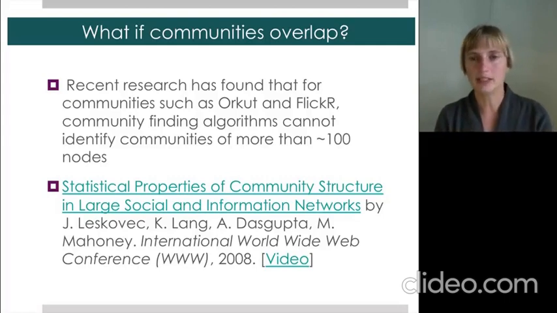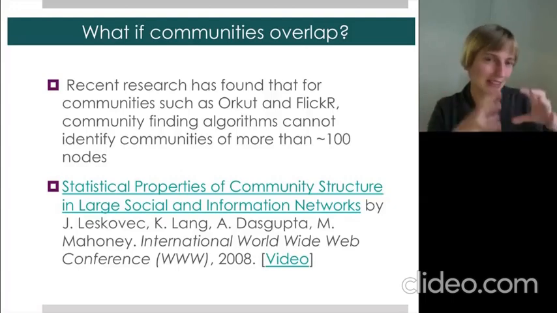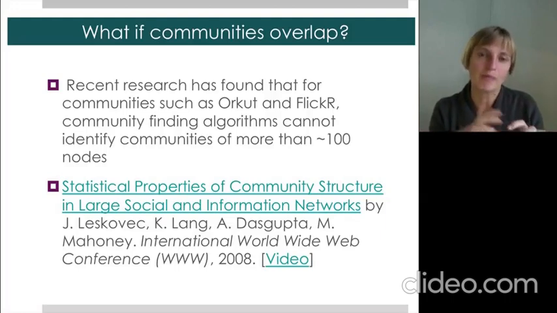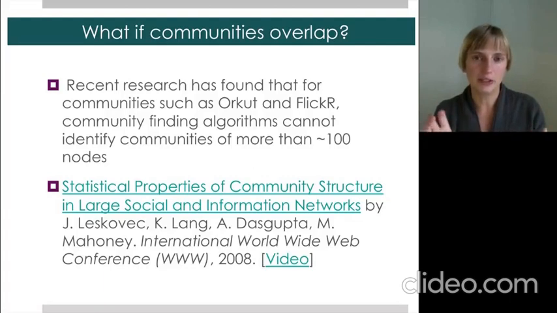that's very hard to partition in the way that a lot of these algorithms would like to do it. And Jure Leskovec and his collaborators at Stanford have found that for many large social networks, the huge ones, precisely the ones that you would really like to be able to partition so you can study little parts of it, it's almost impossible to do so. So networks such as Flickr, Orkut, the Microsoft Instant Messaging graph, none of these are easily partitionable.